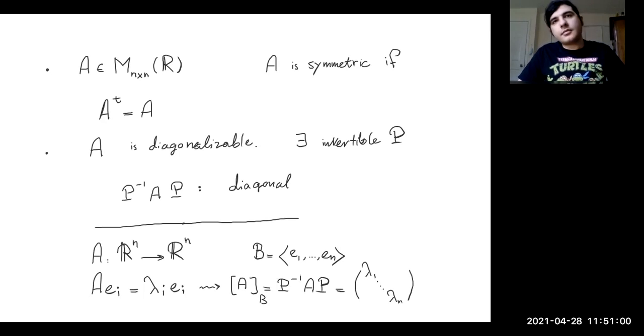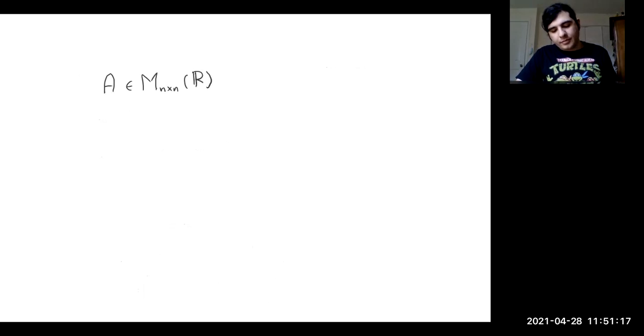Now, why is that true about symmetric matrices? So let's assume A is an n by n real symmetric matrix. Before directly proving that statement, let's review a simple fact about such matrices.